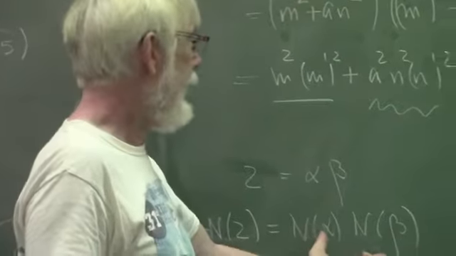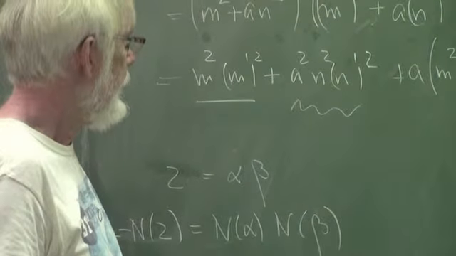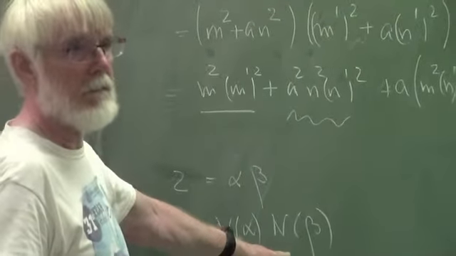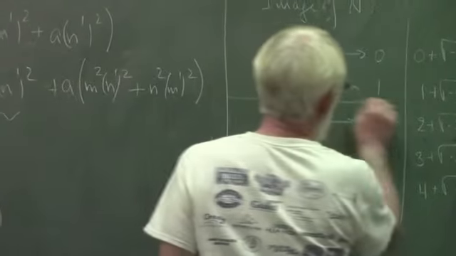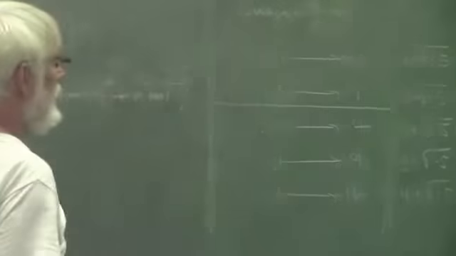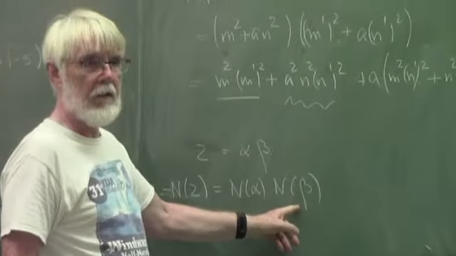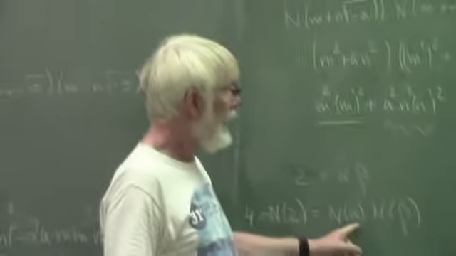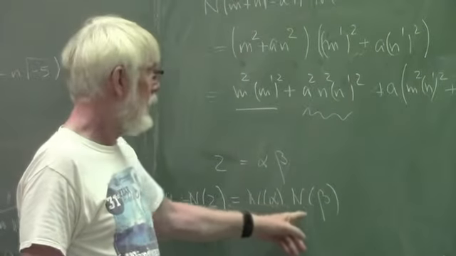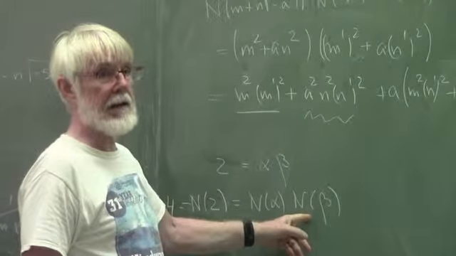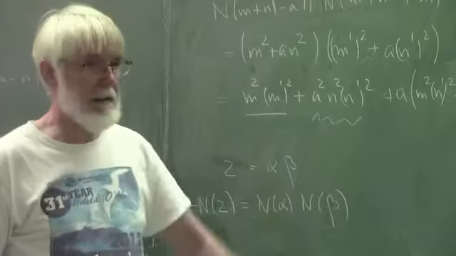So if one of the factors was not 1, anything that is not 1 gives you something bigger. Unless alpha is 1, n of alpha will be at least 4. Unless beta is 1, this is at least 4. So if alpha and beta are not 1, you get at least 16, right?